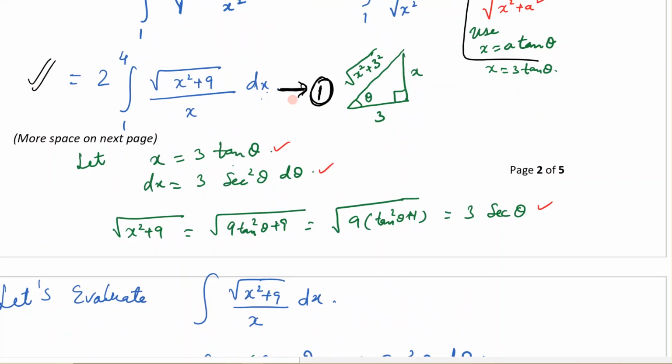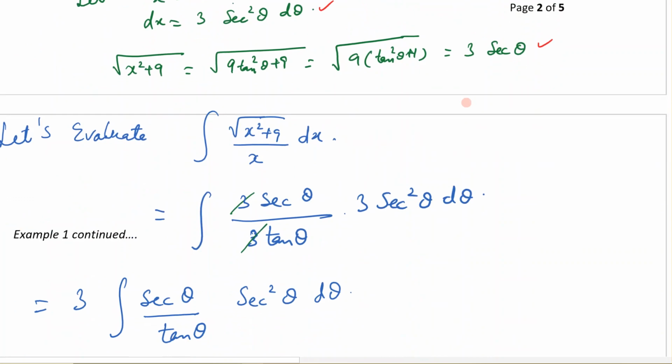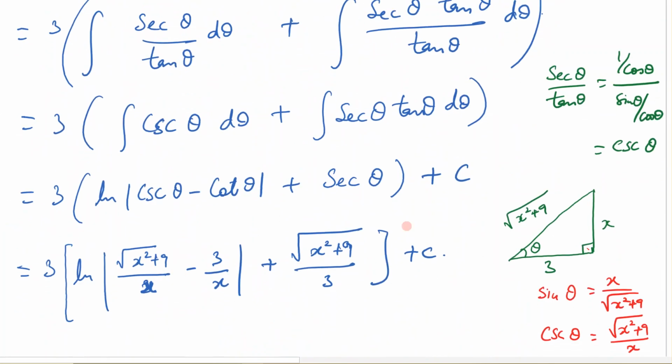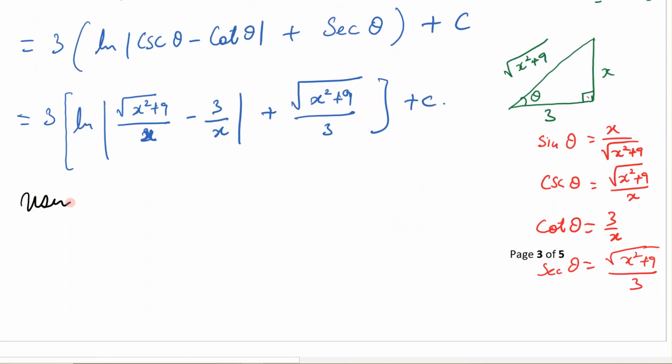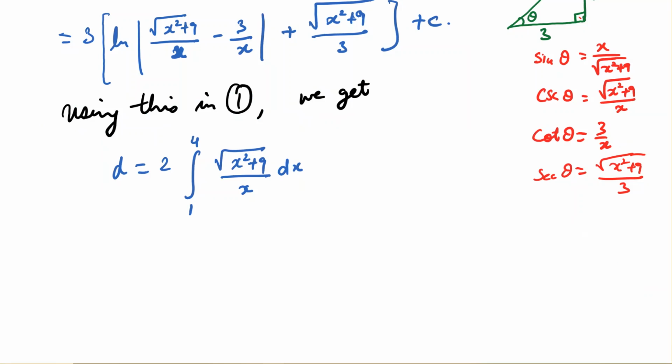So from number 1, let's plug in the values of x from 1 to 4. We get 3 times 2, which is 6, and then I'm going to rewrite this whole integral that we have evaluated here.